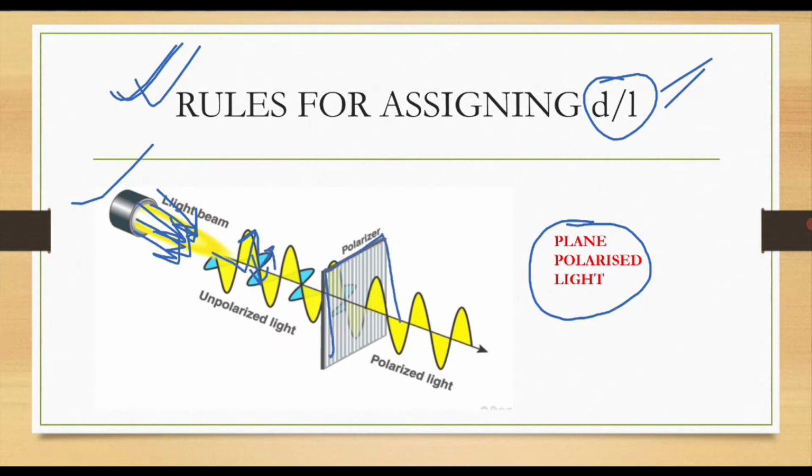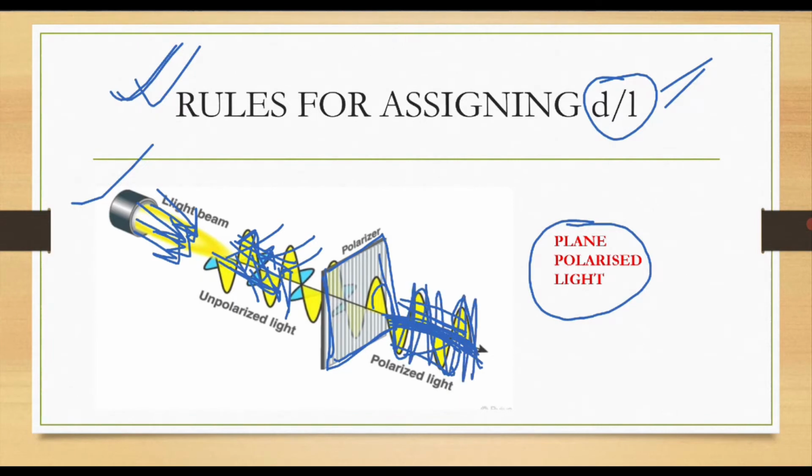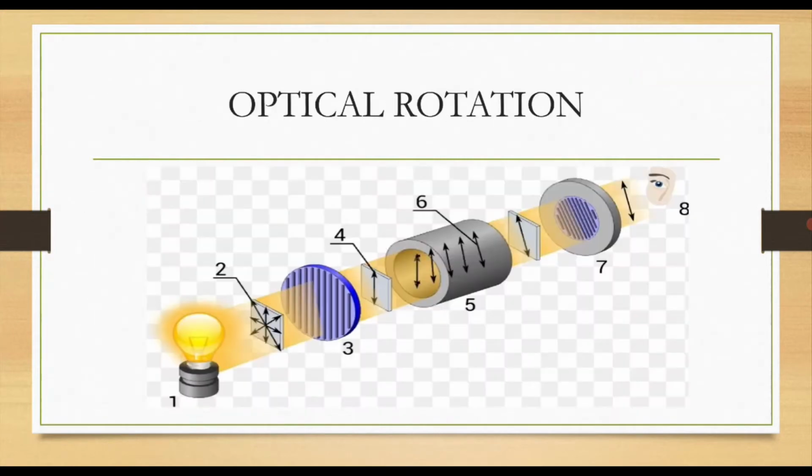Here is a polarizer. After the light comes from the polarizer, it is confined in only one plane. Before, it was not in only one plane, it was oriented in all planes. But after it comes out of the polarizer, it has only one plane. So this is called polarized light or plane polarized light.